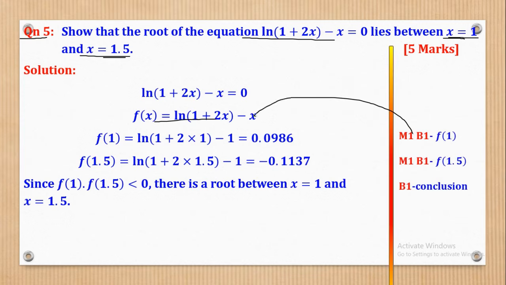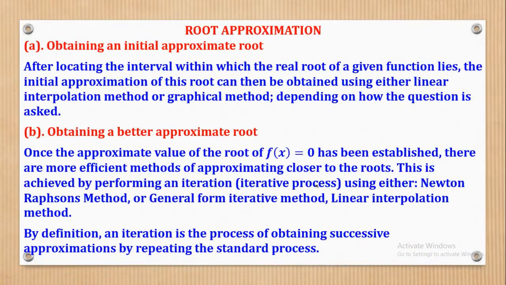So M1 for physical substitution, B1 for output, M1 for physical substitution, B1 for output, and B1 for conclusion. So that was root location.